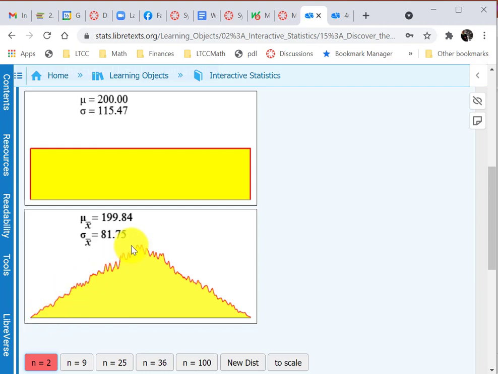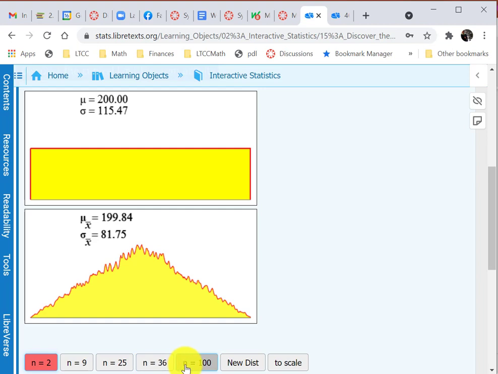And notice it doesn't look uniform anymore. Notice the mean is still about the same, 199.84, which is about 200. The standard deviation is smaller. So we started with 115, we ended up with 81.75.